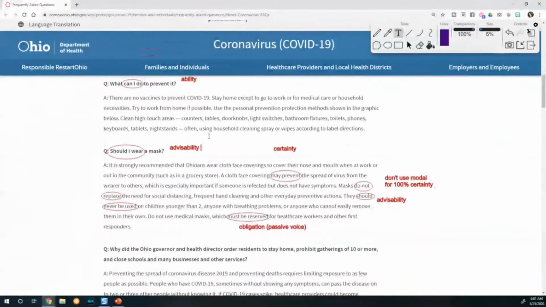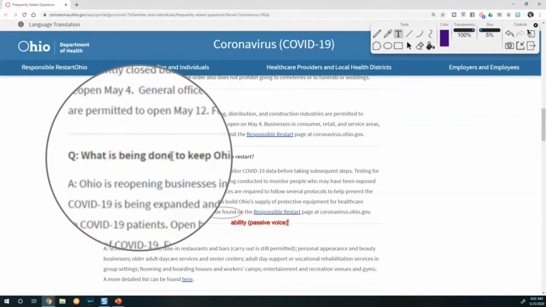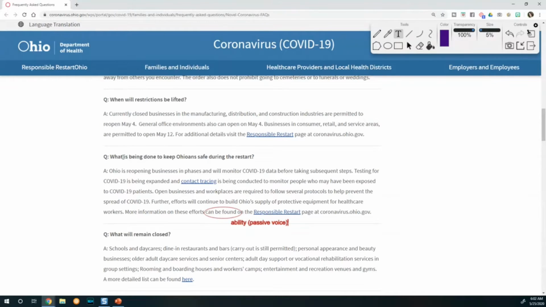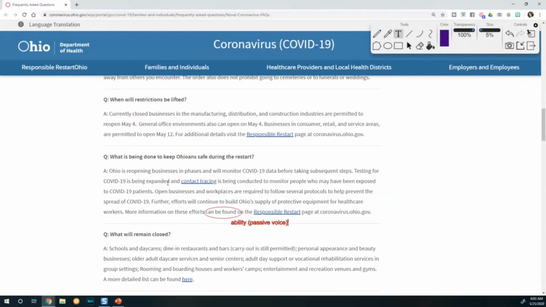Let's skip down. Let's look at this one here. So I see what is being done to keep Ohioans safe is being done. All right, so this is passive voice, and it's talking about right now. What are we doing right now? And so the answer that you see here is talking about things that are happening right now. Is being expanded. That's present progressive passive.